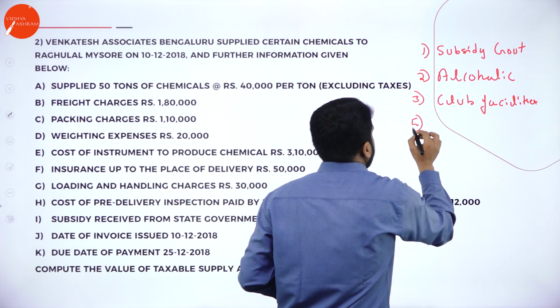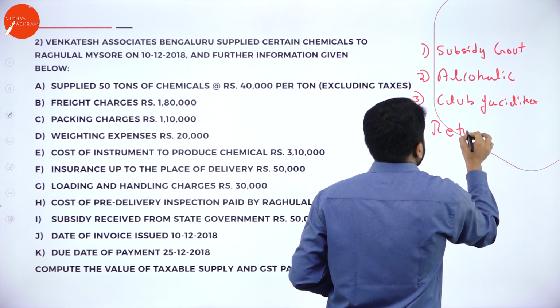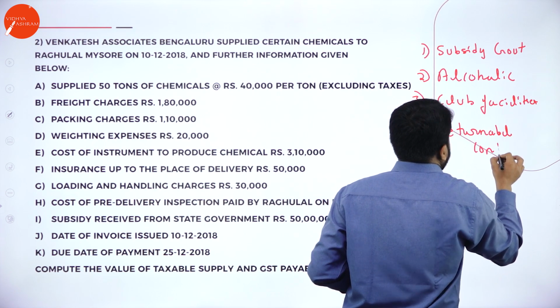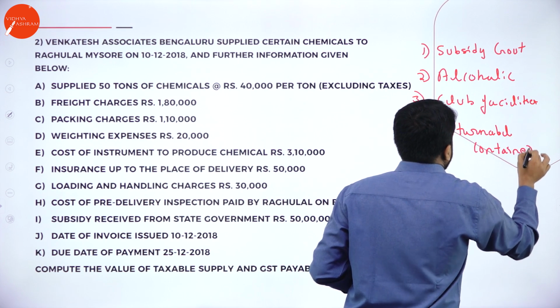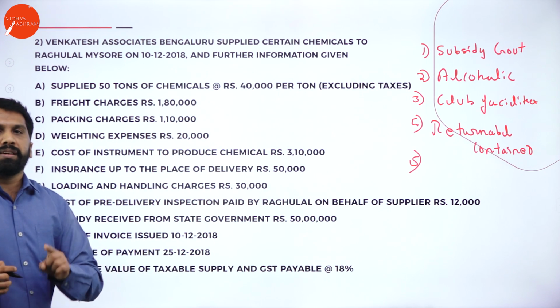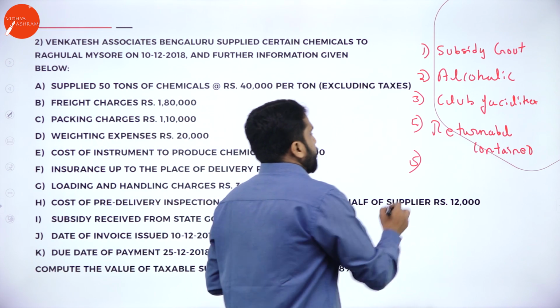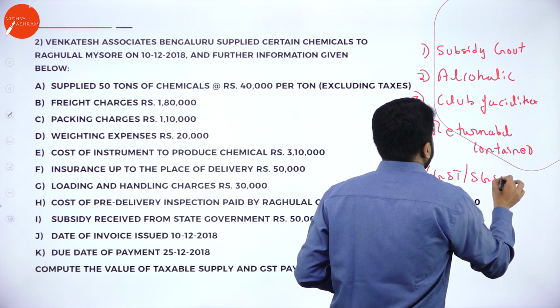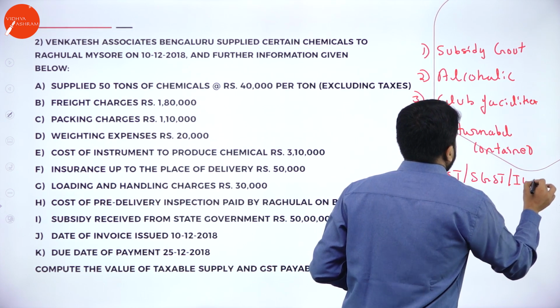Now, club facilities you have to skip. And the fourth one, returnable container. If any returnable container is there, we have to exclude. And the next one, CGST, SGST and IGST.